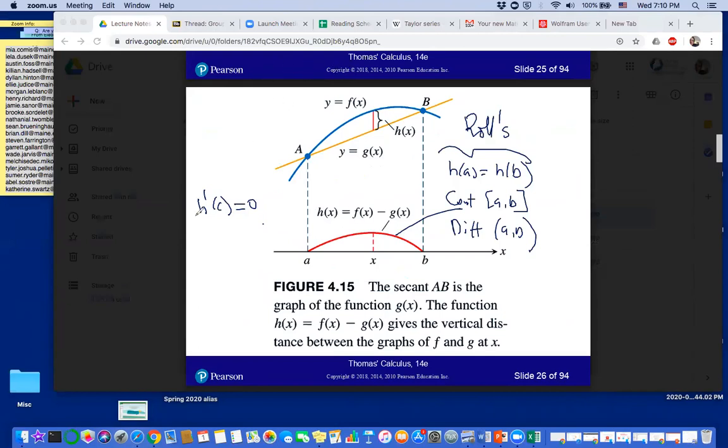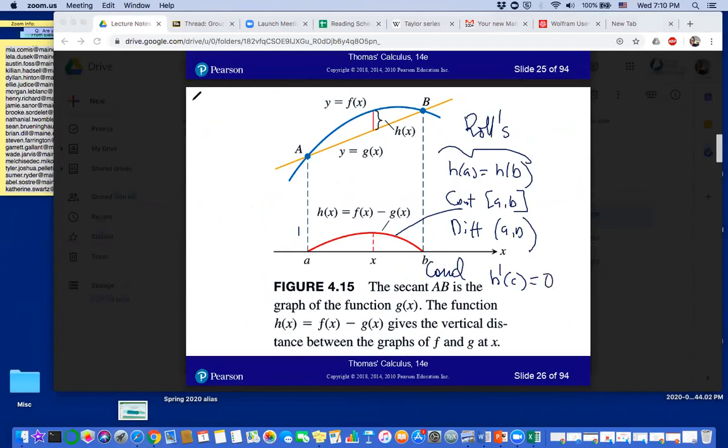What does that mean for the other ones? Look, h prime of c is simply equal to f prime of c minus g prime of c. Okay, so let me clear this. It really wasn't very pretty. So let me regroup. The conclusion of Rolle's is that h prime of c is equal to 0 for some c.